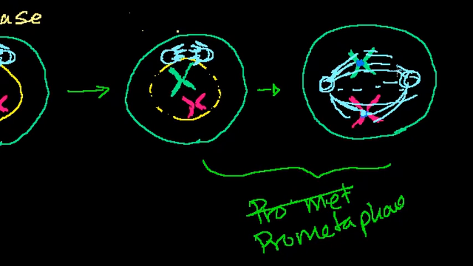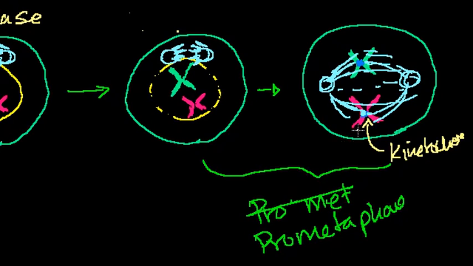The protein structure that they attach to is called the kinetochore. It's a protein structure, and it's fascinating. It's still an open area of research how exactly the microtubule attaches to the kinetochore.